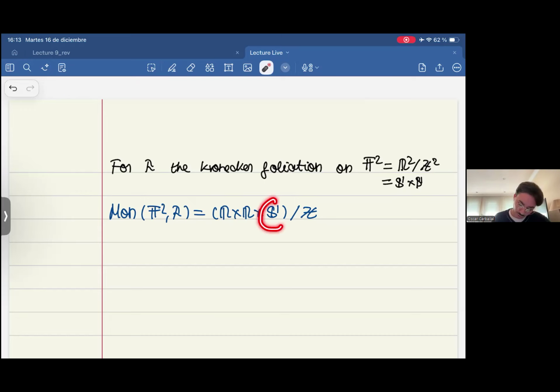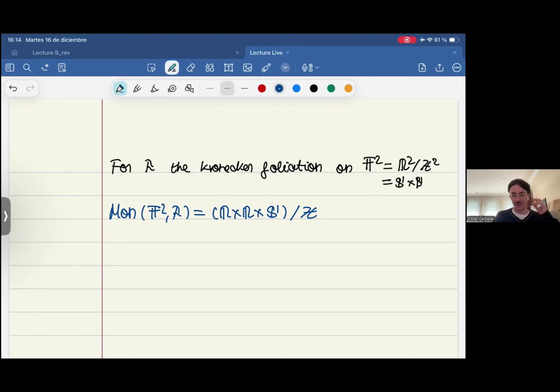And here what we have is an S1, which is another manifold which is also equipped with a left action. What Moerdijk and Mackenzie do in their book is obtain a way to describe these monodromy groupoids using universal coverings in a very precise way. And they indeed find that the monodromy groupoid can be described in this way. But this is not important for our purposes, right?